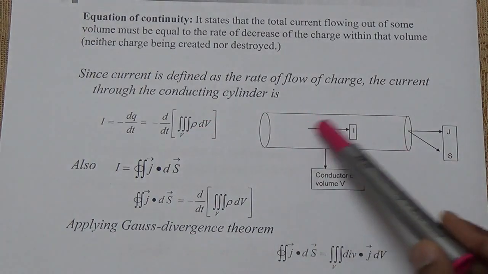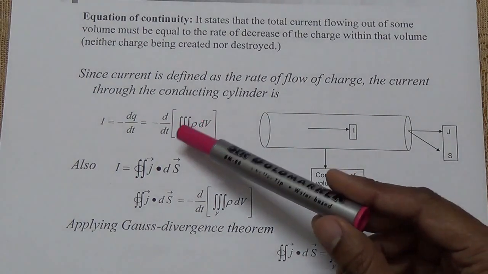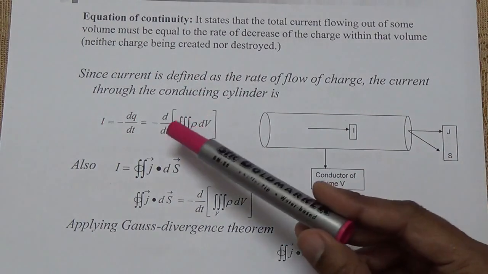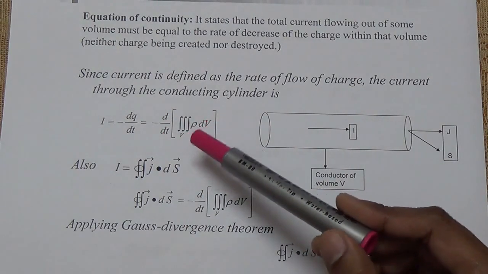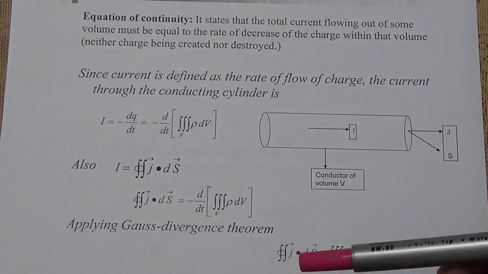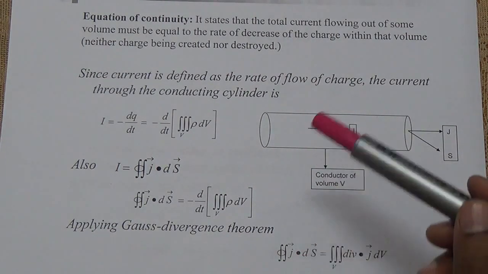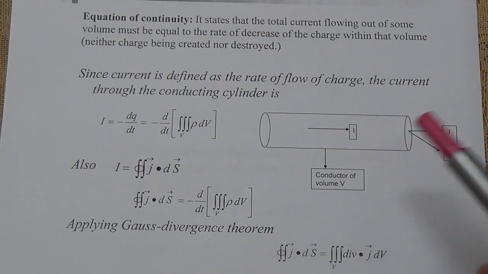So this is minus d upon dt of the volume integral of rho dV, the current basically flowing through this particular conducting cylinder.